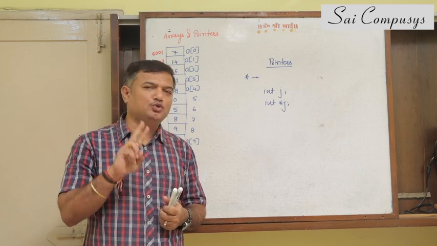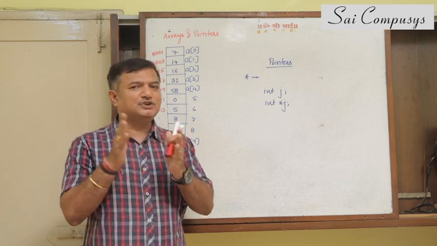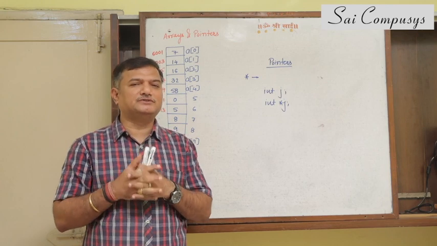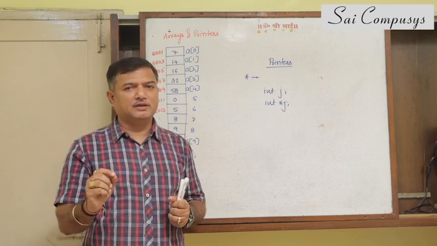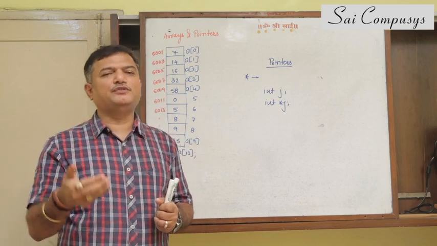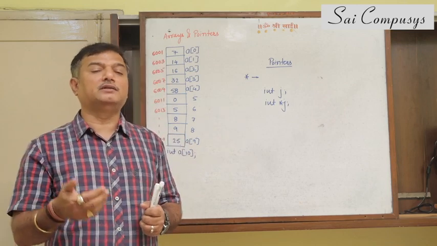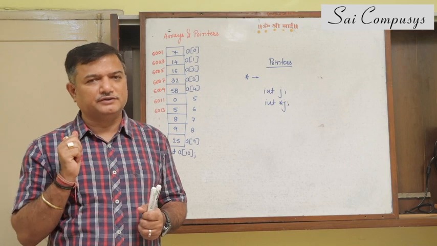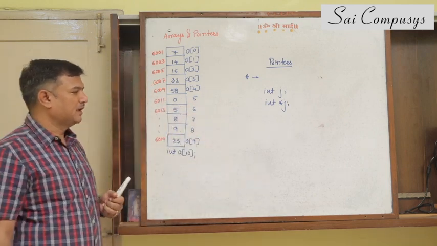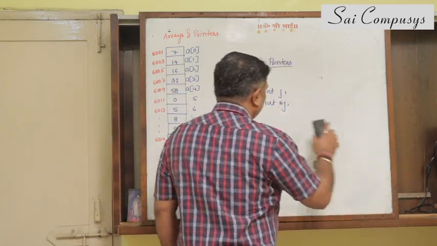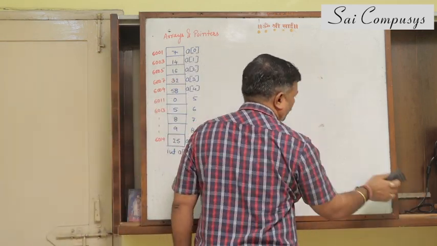What we have is a 2 bytes integer. I am sticking to the conventional concept that an integer occupies 2 bytes in the memory. But again I say, in some of the operating systems and compilers, that may give you a 4 bytes integer. I am sticking to a 2 bytes integer concept. So, we'll start with arrays and pointers.